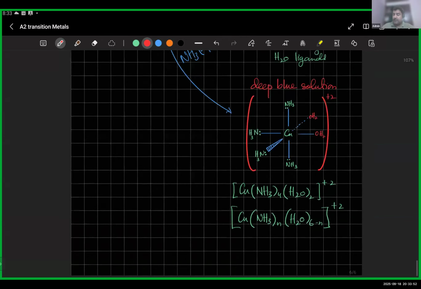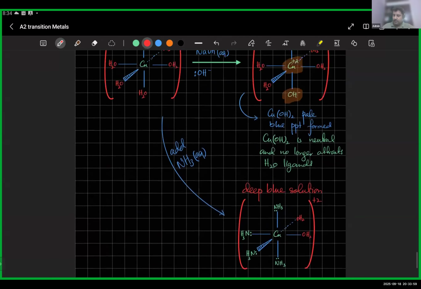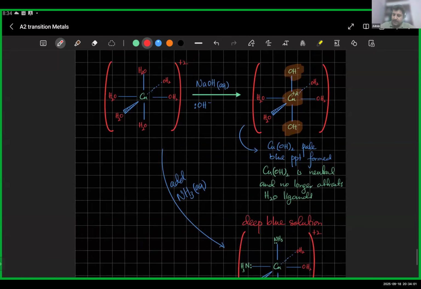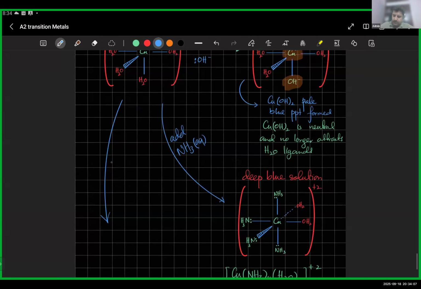There was one more left, right? The CuCl4. Remember, this is the deep blue solution. The last one that you have is when you add concentrated HCl to this.